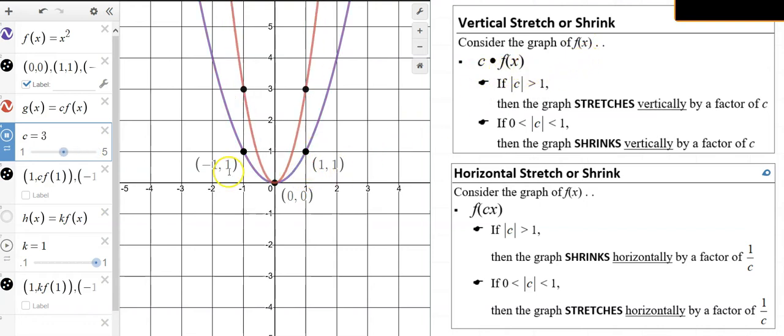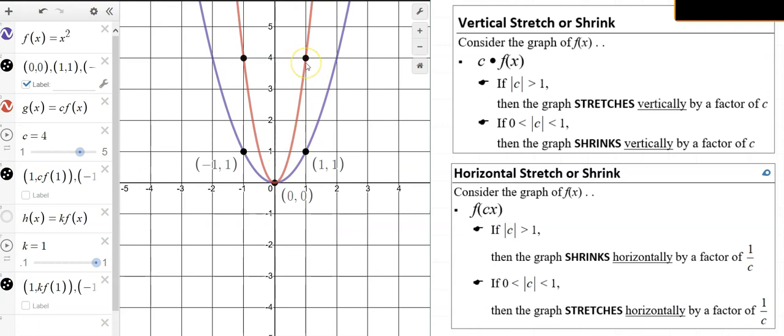As you can see, let me pause this because this is too fast for me. Let's go back to 1, okay? If c equals 2, we're stretching the function value. If c equals 3, we keep stretching the function value. If c equals 4, I thought this was going to move with my arrows, but it didn't.